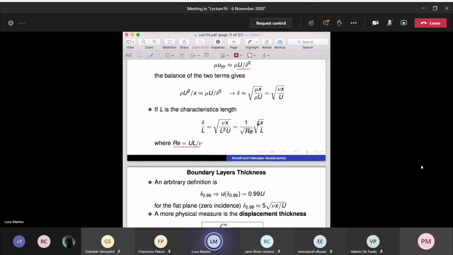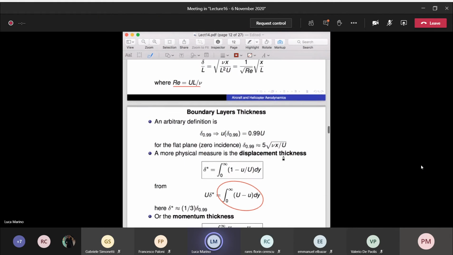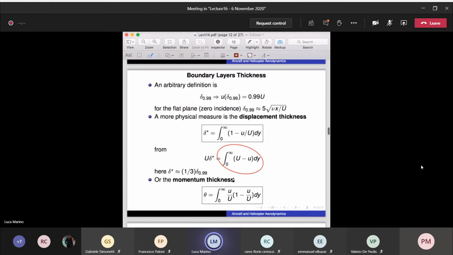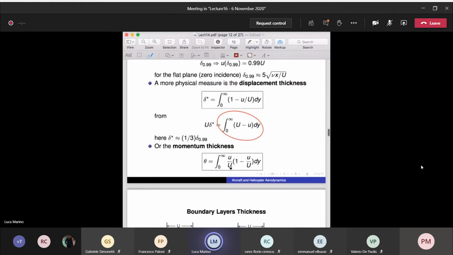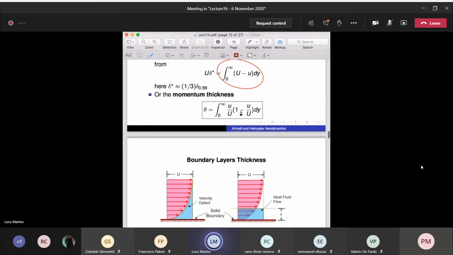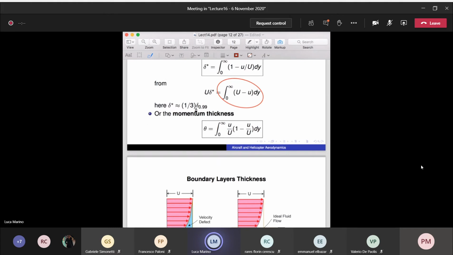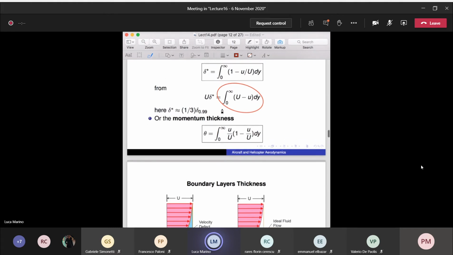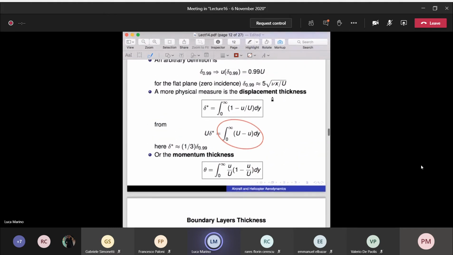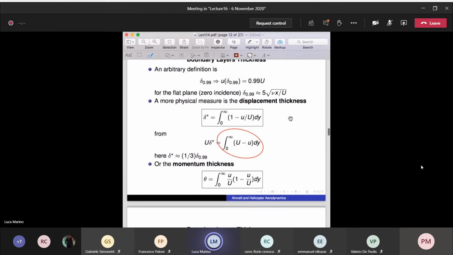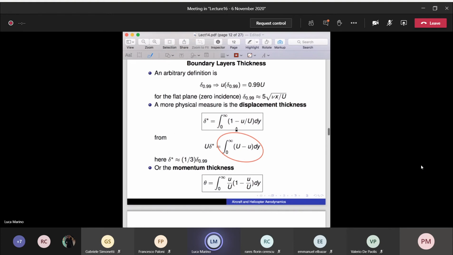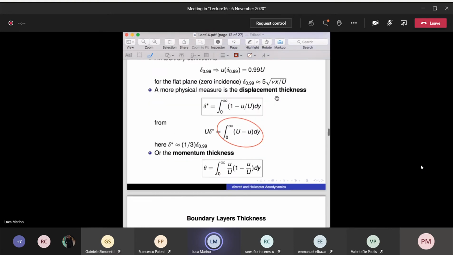What will be different, as you see here, 5 over 3, here will be much lower than these terms, but in any case, all the displacement thickness, so all the thickness of the boundary layer, all the value of delta, will be proportional to the square root of x.